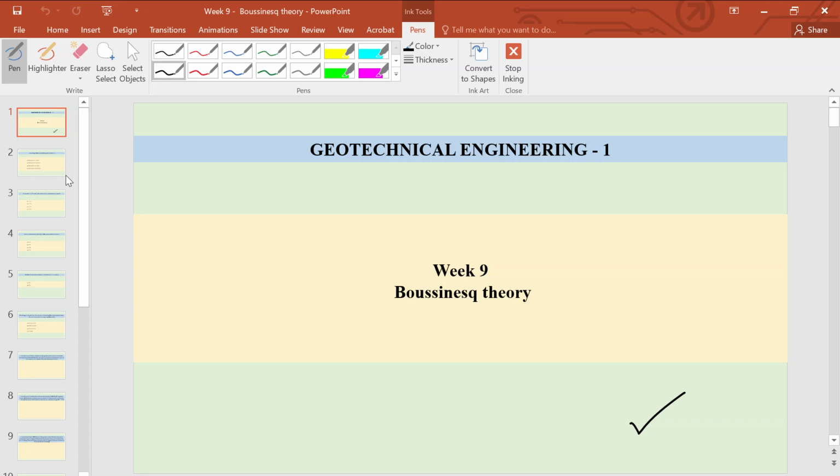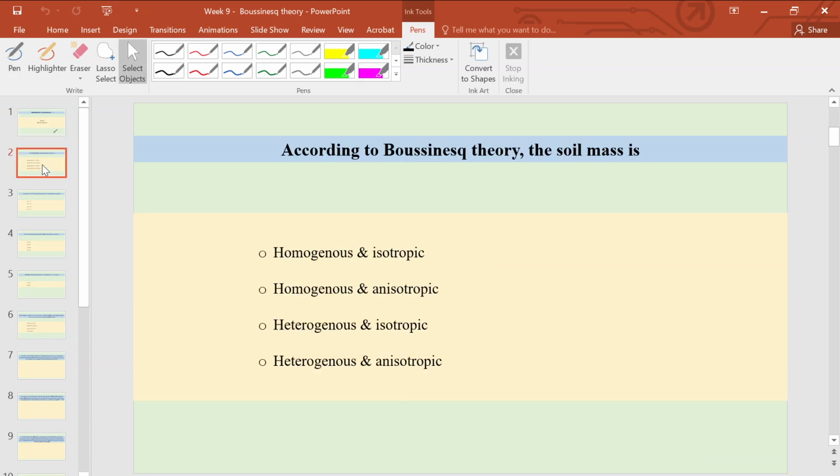The first question was, according to Boussinesq theory, the soil mass is. What is the answer? Yes, homogeneous and isotropic. What is the meaning of isotropic? It has identical properties in different directions.